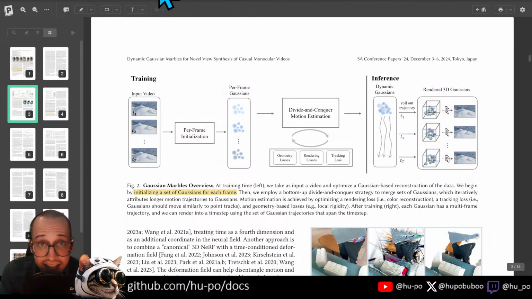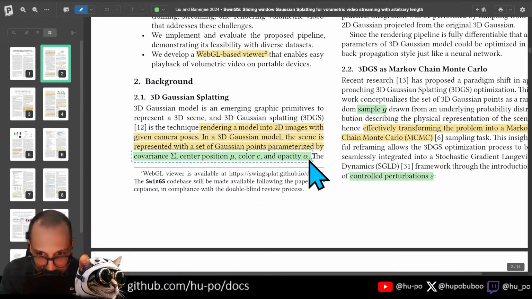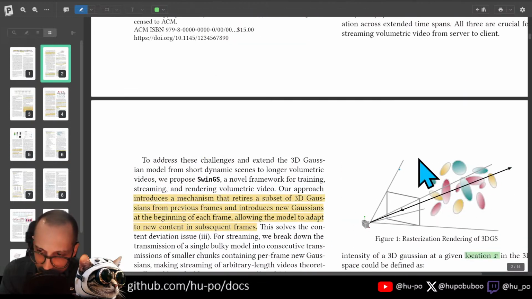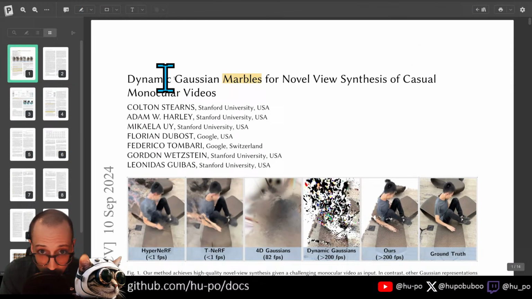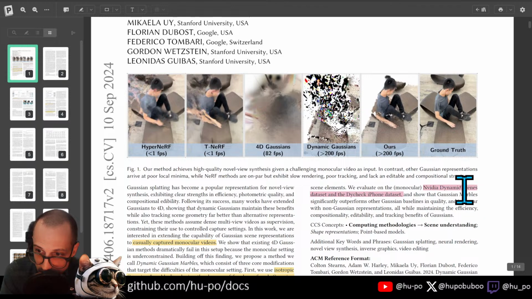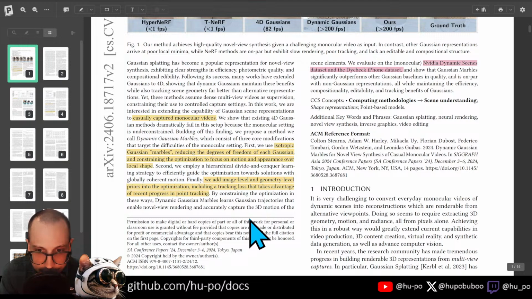So they're saying, if we get rid of some of these Gaussian parameters that account for the more weird shapes, and we simplify it all into these little balls or Gaussian marbles, then we can render it faster. You can see here 200 FPS for Gaussian marbles versus 82 FPS for 4D Gaussians, which has the full anisotropic Gaussians.